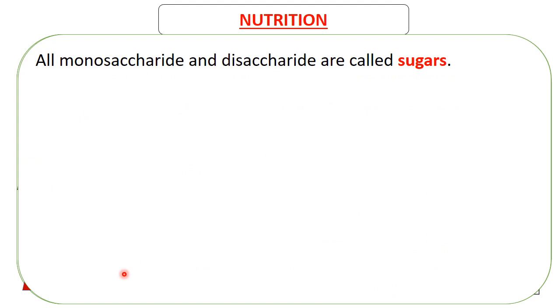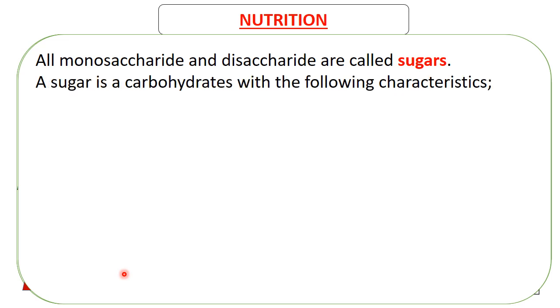So all monosaccharides and disaccharides are called sugars. So whenever we say sugar, we refer to monosaccharides and disaccharides. A sugar is a carbohydrate with the following characteristics. I know you already know this. You don't need to master the characteristics of sugar, because you are familiar with them.